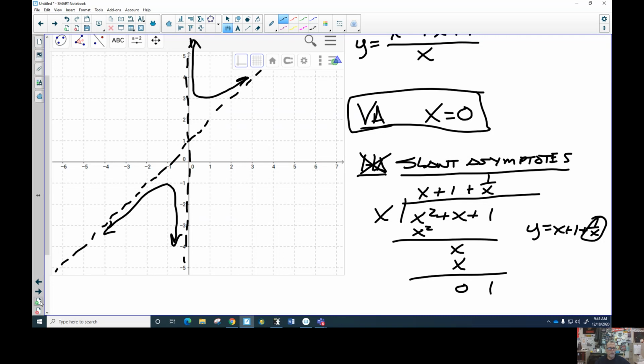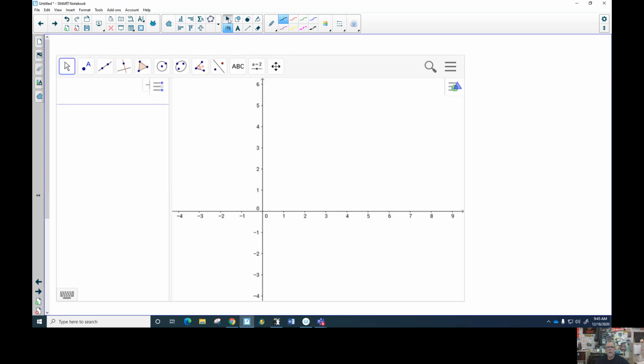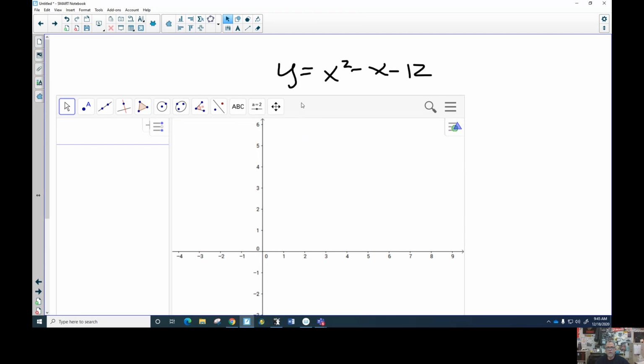Let's do y equals x squared minus x minus 12, and I should probably get a grid down here. I wonder when it's going to overload on me. All right, so we've got this.